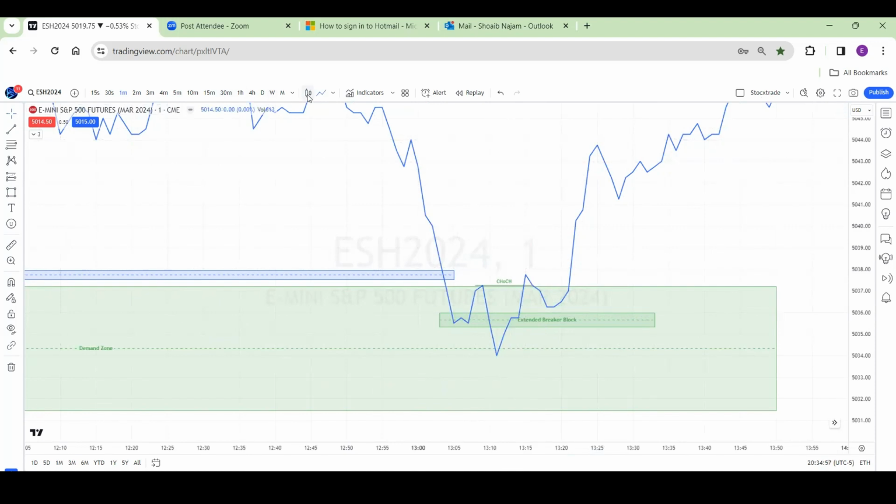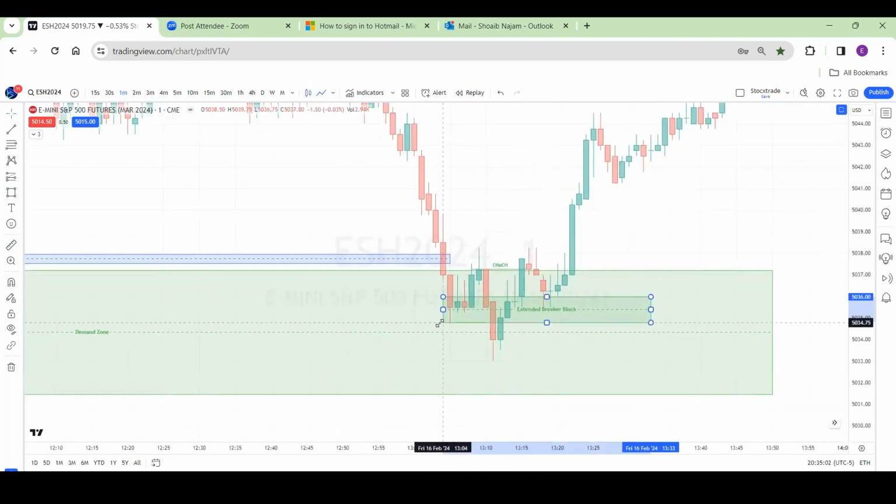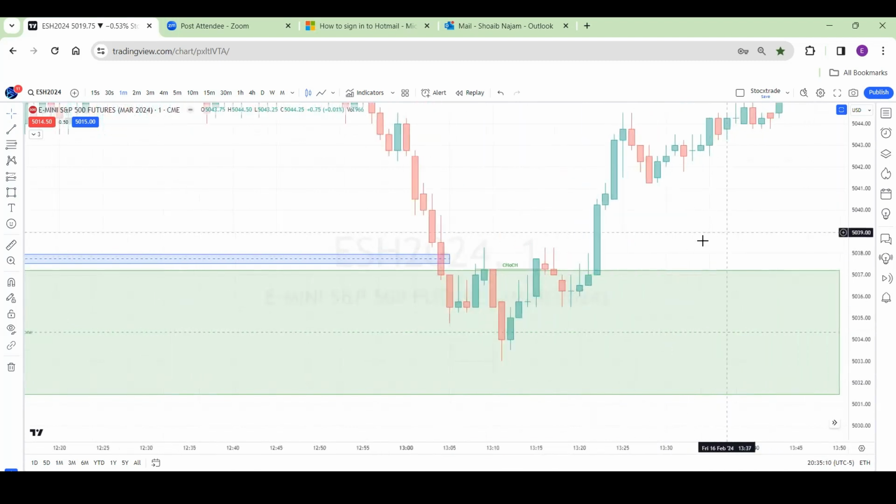Okay, let me shift to candle and then I will mark. So the last candle, second last candle is the red candle. This is my extended breaker block. Demand zone or fair value gap. So once you have the change of character, the market is coming down.